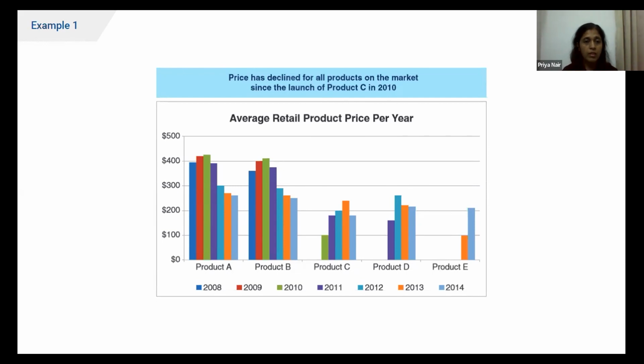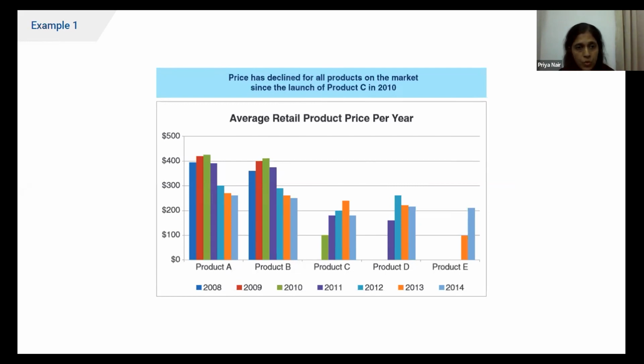Okay, let's try to understand this graph more carefully. Look at product A and B. They were launched at a particular price. And then in the next 2 years, we see that their average retail price did increase, and then it shows a decline, right?